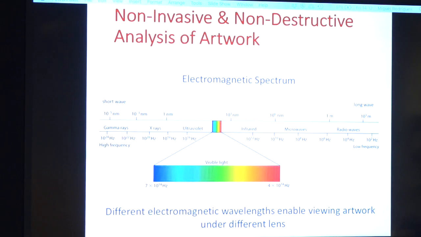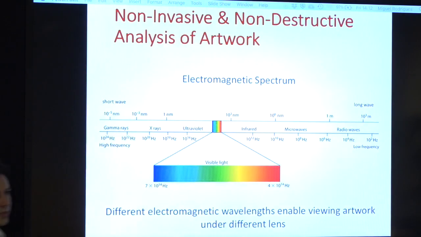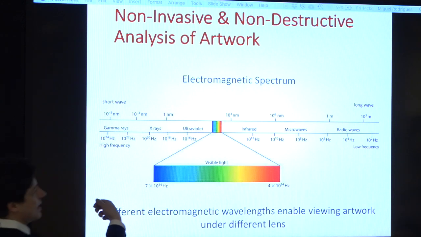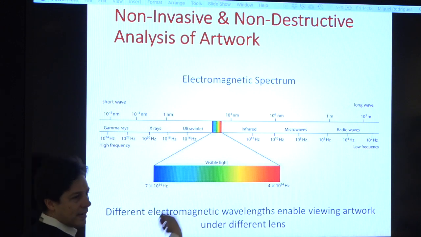But above and below these frequencies, there are many others that can provide us a different view of artwork. For example, we've got gamma rays, X-rays, and ultraviolet radiation with frequencies higher than those of visible light. But we also have infrared, microwaves and radio waves, whose frequencies are well below the frequency of visible light.